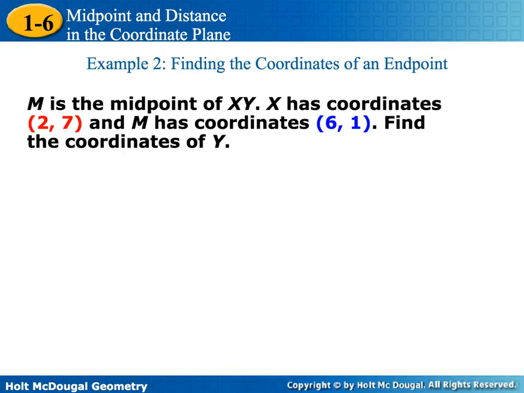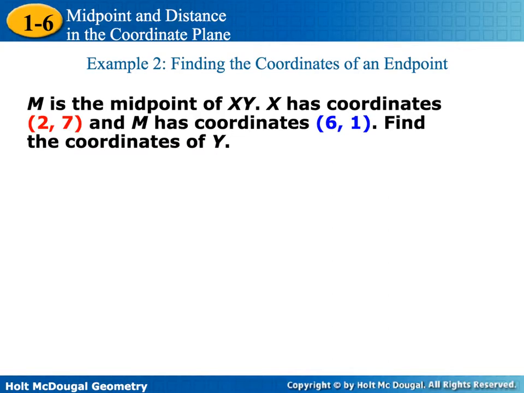All right, so this one is going to be a little more difficult. They're going to give you the midpoint and one of the coordinates and ask you to find the other coordinate. So they've got the midpoint is here and the x coordinates are here. I'm going to call this our point 1.